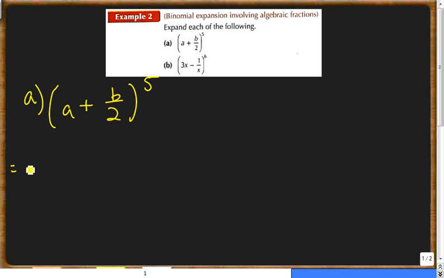So we're going to get 1 times a to the 5th times b over 2 to the 0. And then we keep trading off.